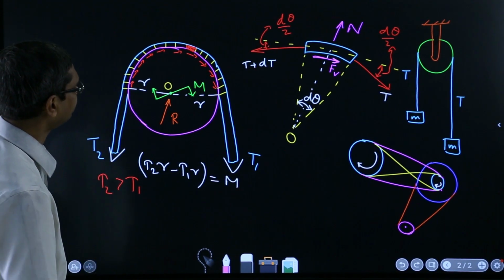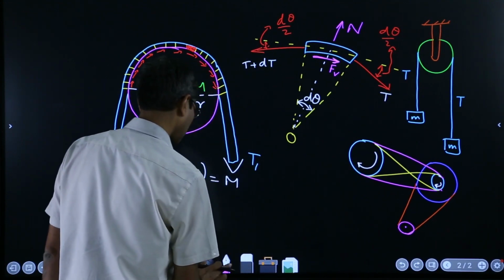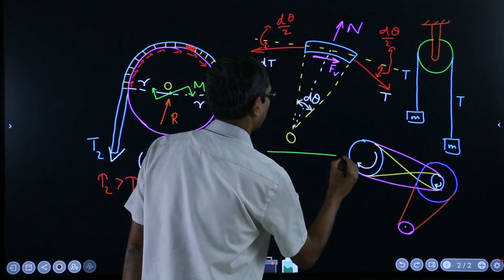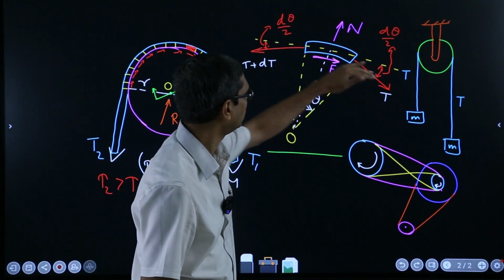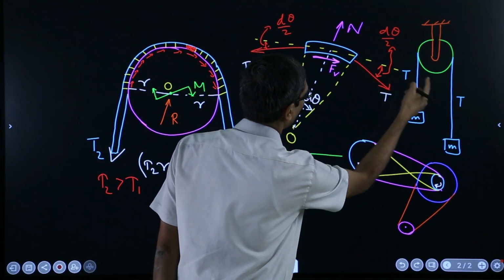Let's write here the equations. Suppose we balance the equation in the tangential direction. What will be its component here?